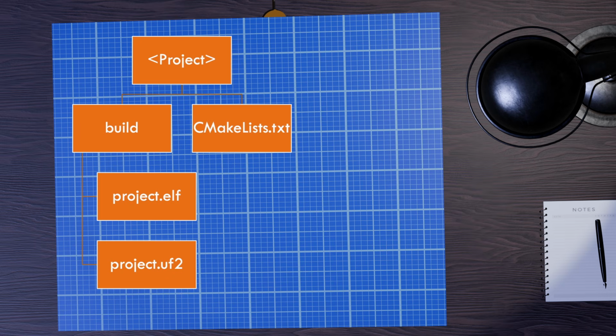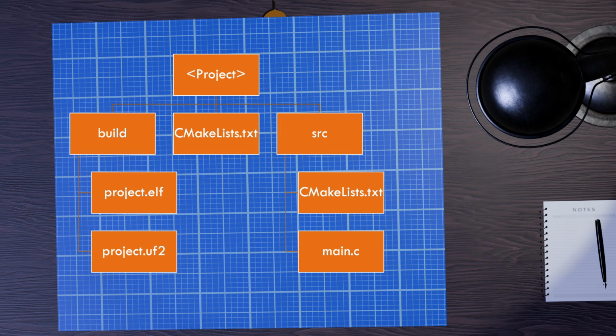That's all true. But the source, I'm now actually going to put under another folder called src or source. And generally that will have quite a number of source files, and that's why I tend to like to keep it separate a bit. And yes, that's got another CMakeLists.txt file in there to control that.